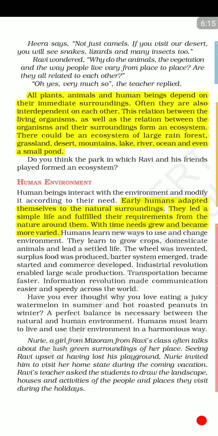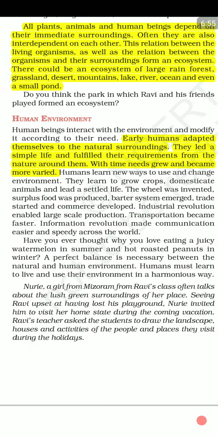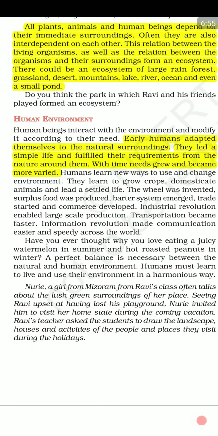So it is saying that earlier the human beings didn't change the natural environment very much, but now human beings have understood how to change the environment, how to make use of things around them, and their needs have grown. Early man didn't have so many needs, and hence we have changed our natural environment to a large extent. Finally it says a perfect balance is necessary between the natural and the human environment. Humans must learn to use their environment in harmonious ways.